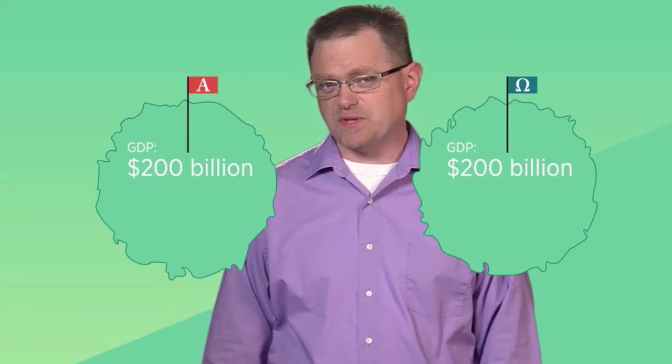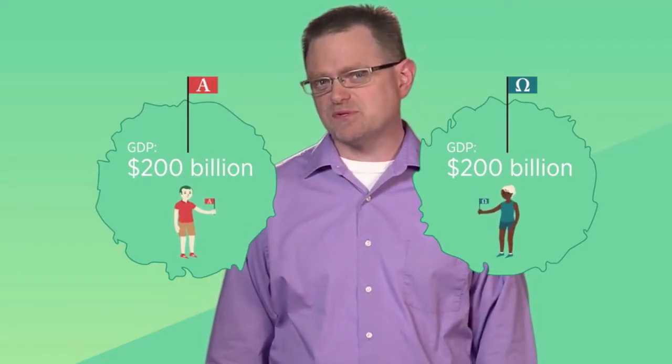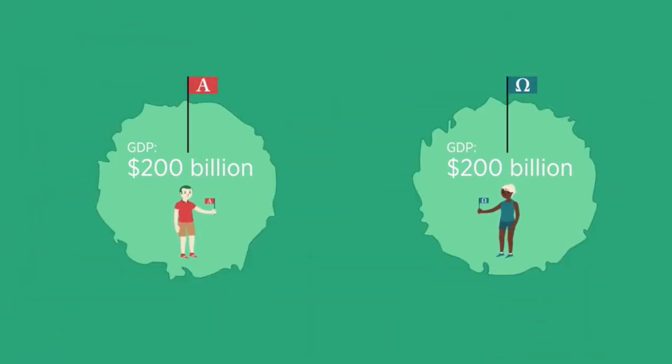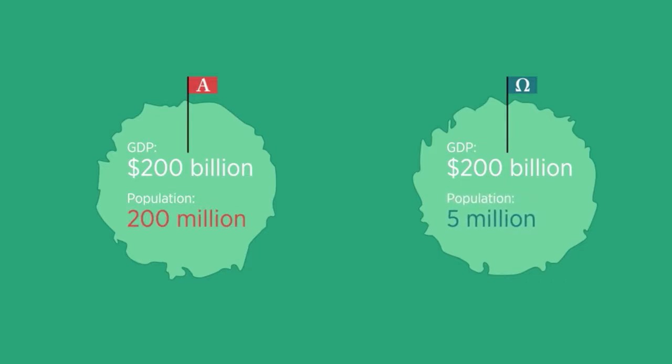For example, think of 2 countries, Alpha and Omega, with comparable GDPs, say $200 billion each. One might assume that the citizens of Alpha and Omega have similar standard of living because their countries have comparable GDPs. But what if Alpha has a population of 200 million people and Omega has a population of 5 million people?